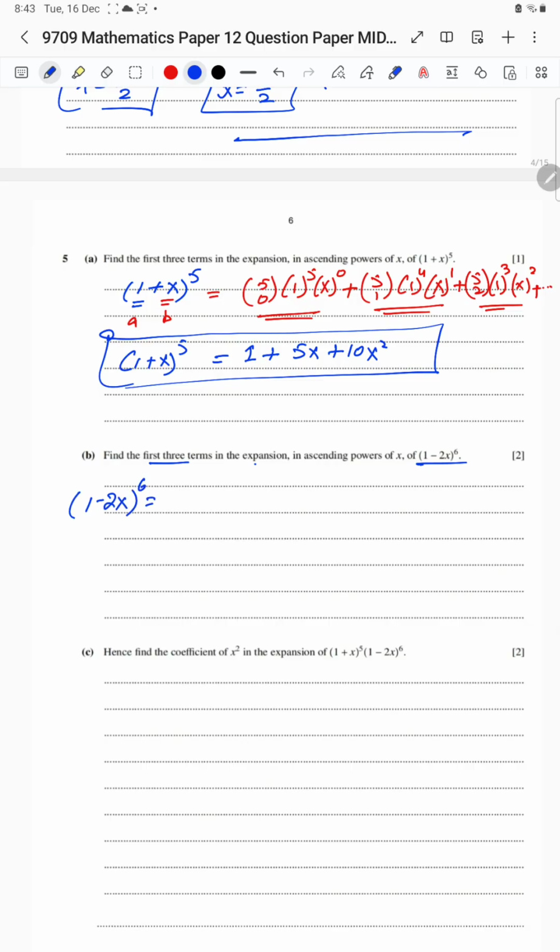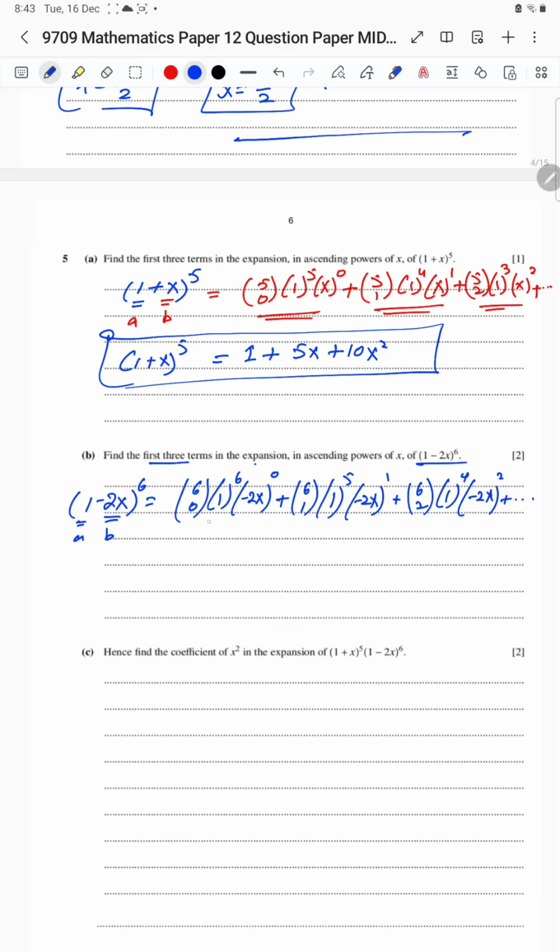Same here, you can expand this again. 6C0, 1 power 6, minus, this time b is minus 2x, power 0, plus 6C1, 1 power 5 and minus 2x power 1, plus 6C2. I'm just applying the values a and b here. b is negative here, in the formula given in the formula sheet.